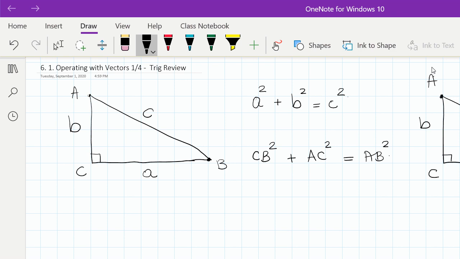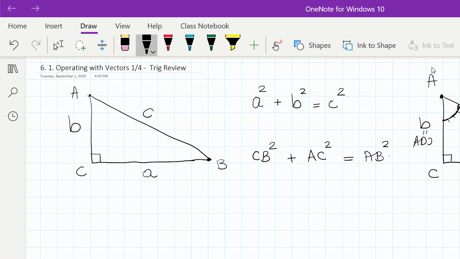So if we are looking from vertex A, meaning that you are putting your eye here, then the opposite of the angle A is the line segment BC, or line segment a. And the adjacent is the line segment b, or the line segment AC.